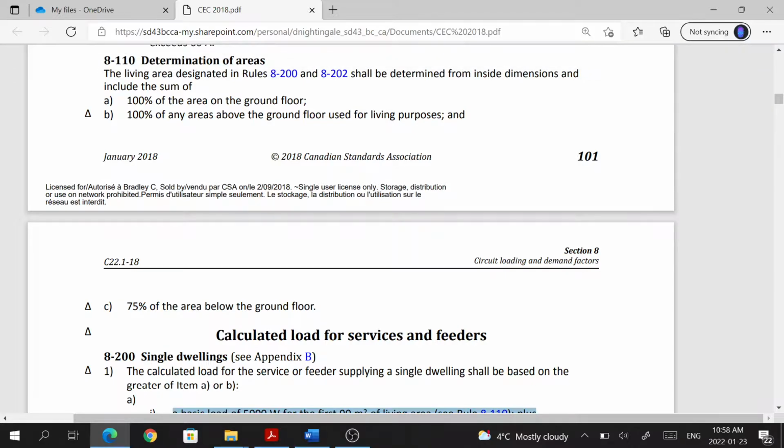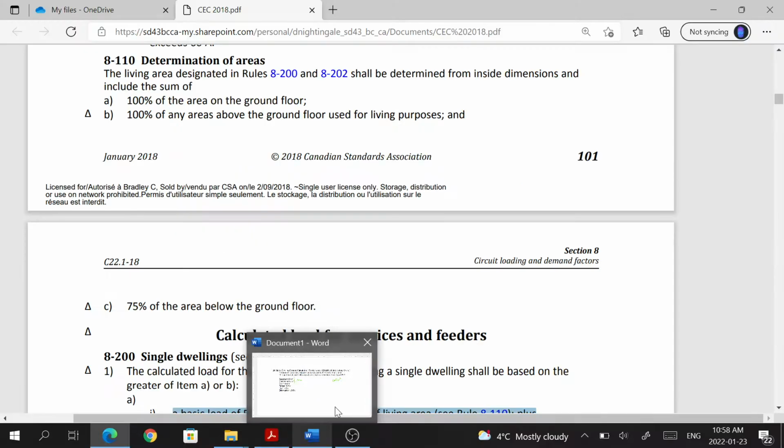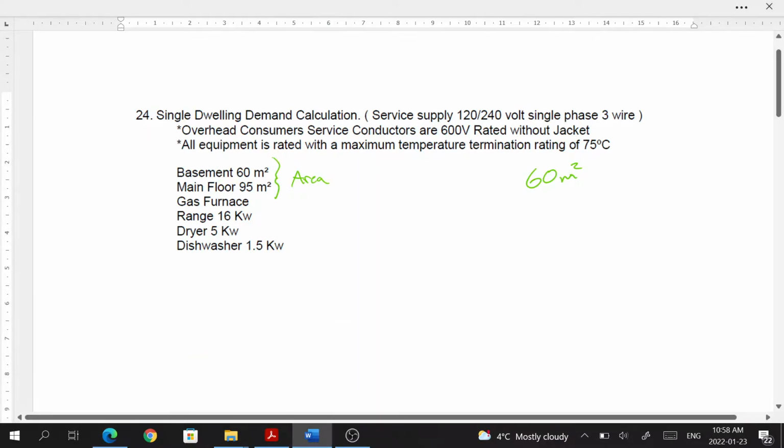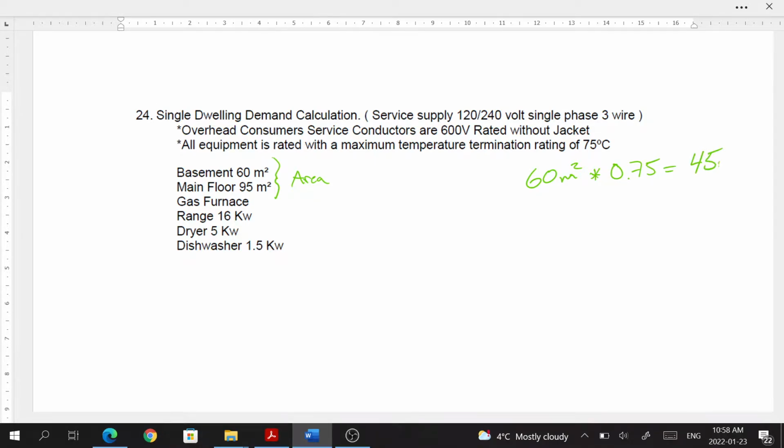And that's because the basement, you're not necessarily going to be living in there very often. And so you don't have to take as much of a demand factor, as much of a demand. So you're only going to take that at 75%. So we're going to multiply that by 0.75, and that gives us 45 meters squared. Now, the main area we're going to take at 100%. So 95 meters squared times 1, representing 100%.